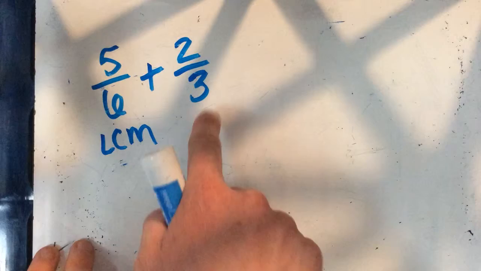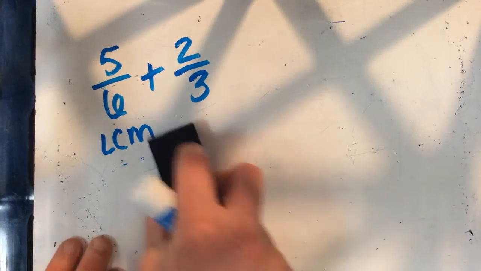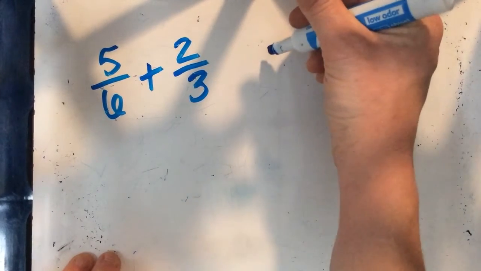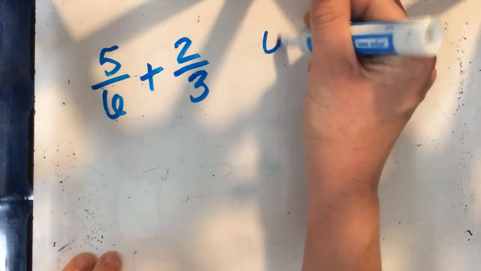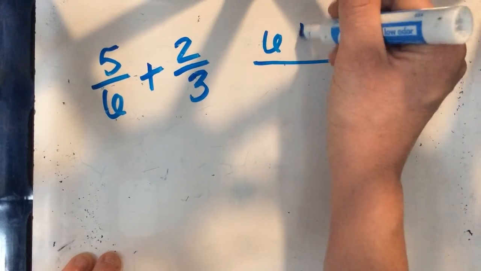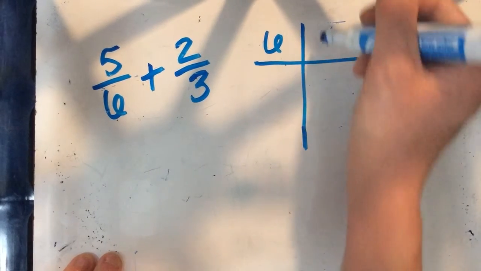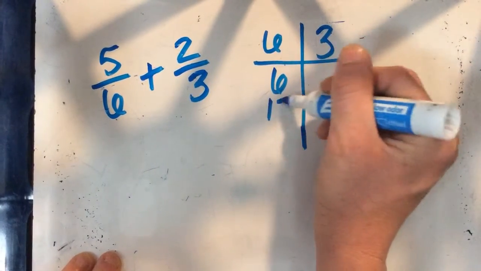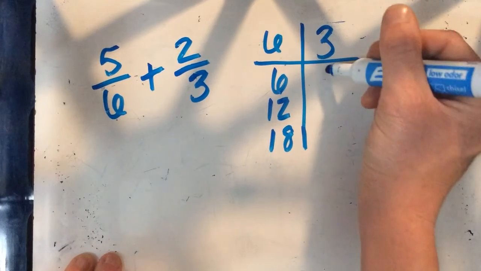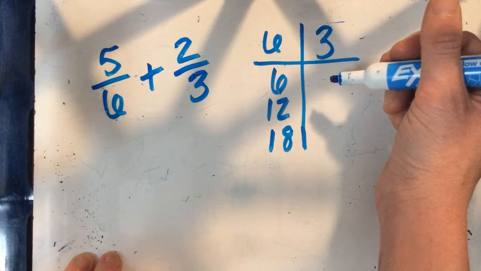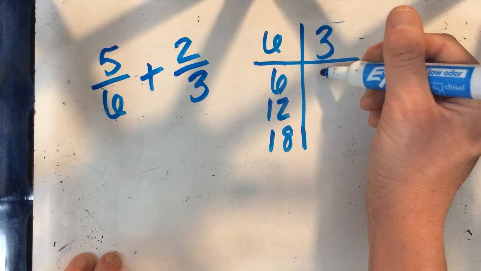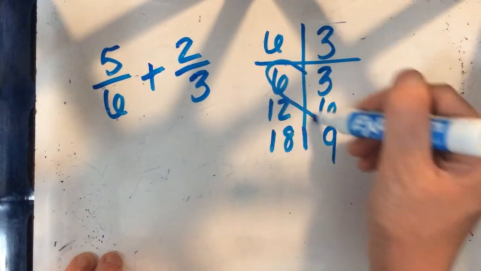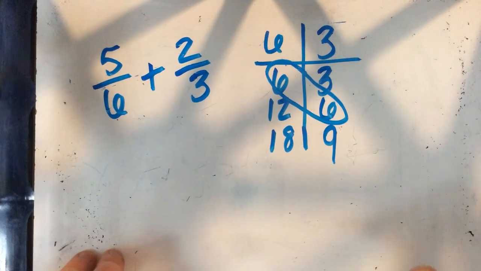of 6 and 3. Now, just to remind us of what the lowest common multiple is and how we find that, we can do a little table over here. We can list our multiples of 6 and our multiples of 3 to find the lowest common multiple. So 6, 12, 18, that's probably farther than we need to go with those multiples. 3, 6, 9, and we can already see that 6 is the lowest common multiple.